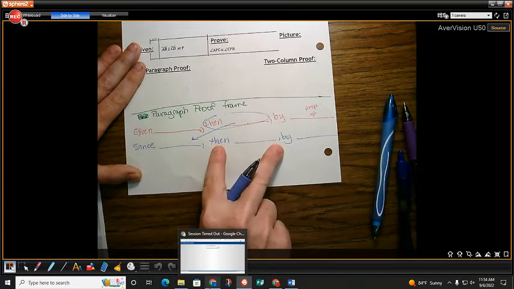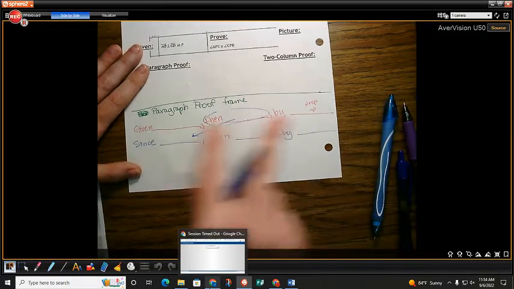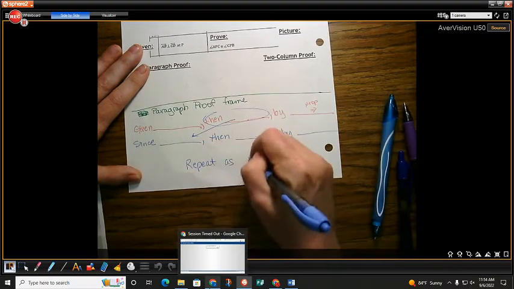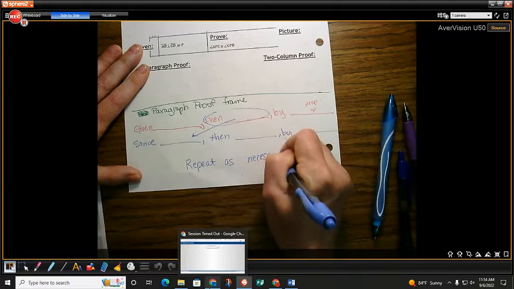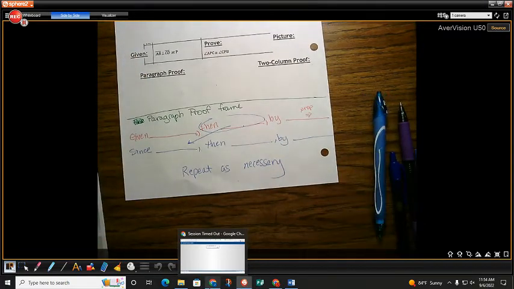And if this conclusion is what you were trying to prove, you can be done. But what if this conclusion isn't what you were trying to prove? Then you keep going. Repeat as necessary. You know, rinse and repeat like it says on the shampoo bottle.